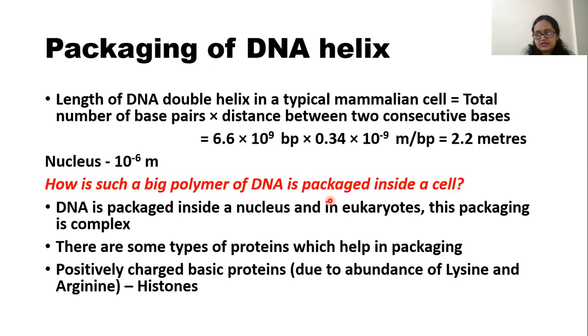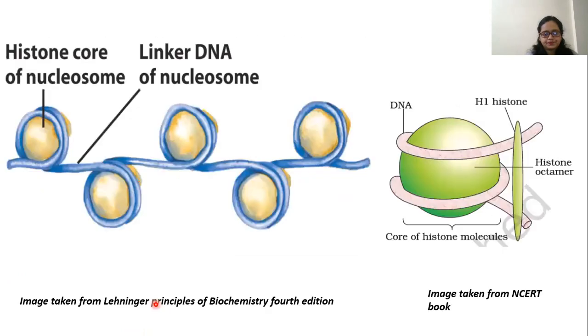And why are we saying positively charged basic proteins? Because of the abundance of positively charged amino acids which constitute the protein structure. These positively charged amino acids are generally lysine and arginine. They are found in abundance, hence they are positively charged. And such types of proteins are called histones.